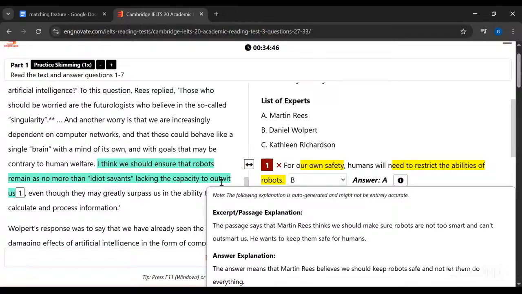Here, the paragraph is saying we should make sure that the robot stays an idiot, with less capacity compared to humans, so that it cannot outwit the humans.